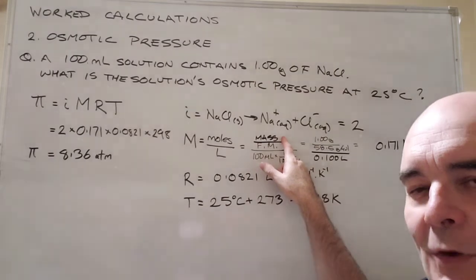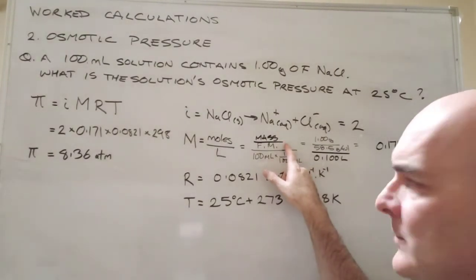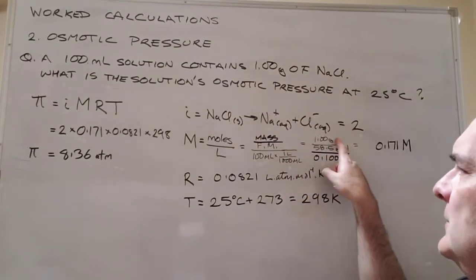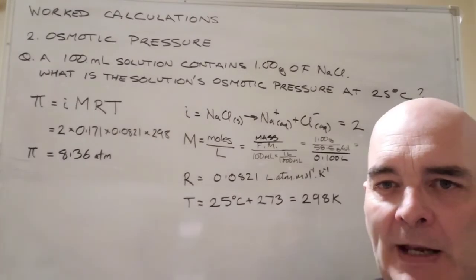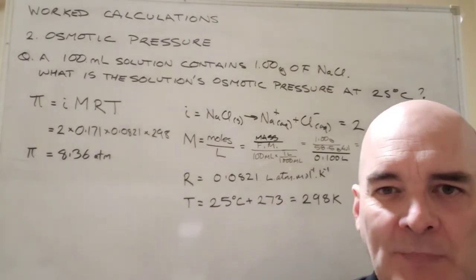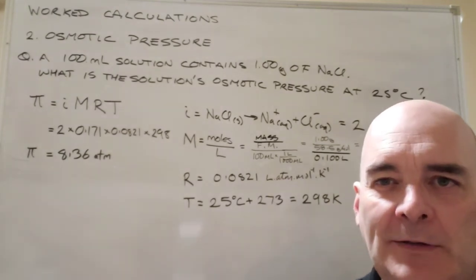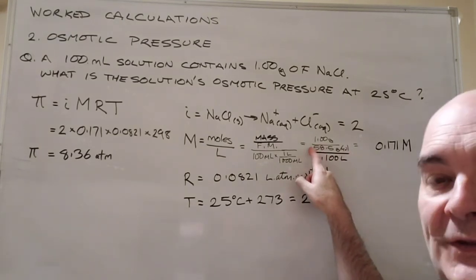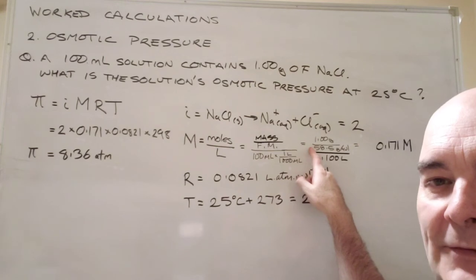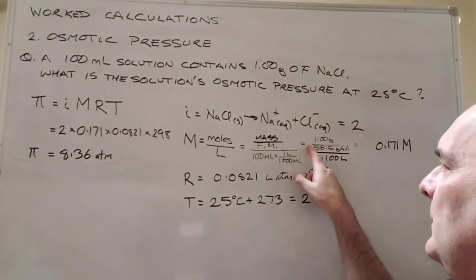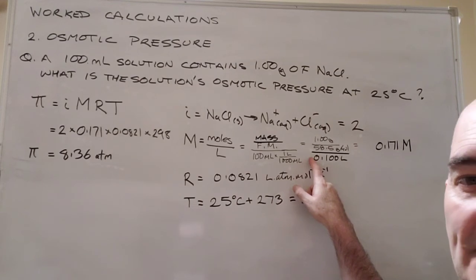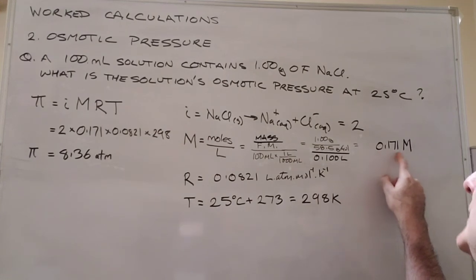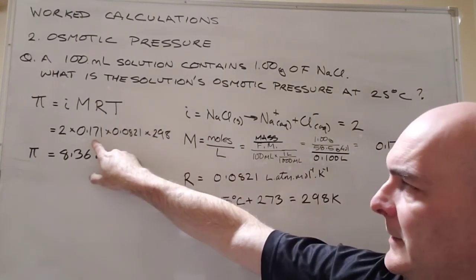So this is the mass of sodium chloride divided by the formula mass of sodium chloride. And there is 1 gram of sodium chloride in the question. And if I look on the periodic table and I find the mass of sodium, 23, and the mass of chlorine, 35.5, and I combine them together, that tells me that the formula mass for sodium chloride is 58.5. So 1 divided by 58.5 divided by 0.1 gives me a molarity of 0.171 moles per litre.